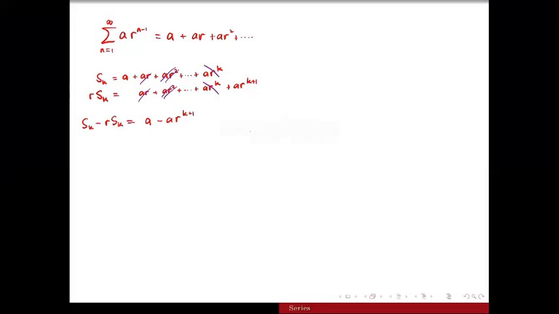And then we factor out S sub k on the left side, so S sub k times 1 minus r. On the right side, we factor out a, so you have a times 1 minus r raised to k plus 1.